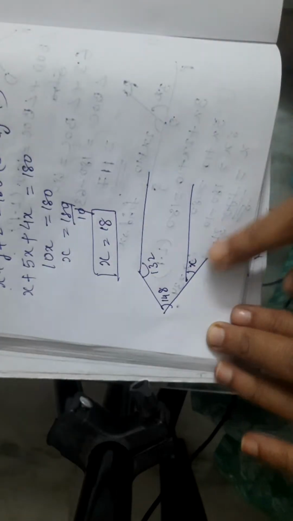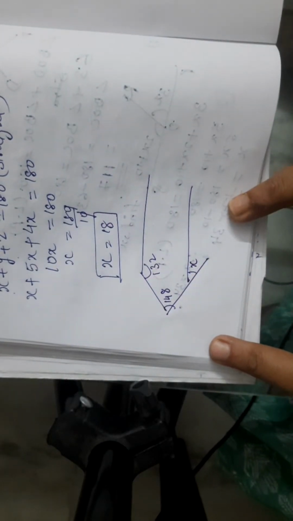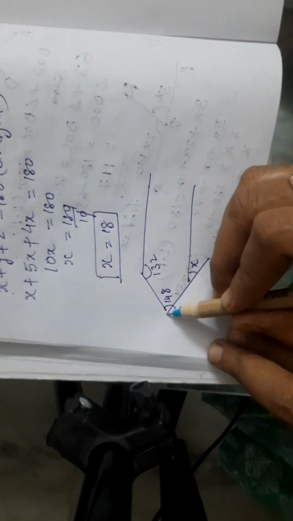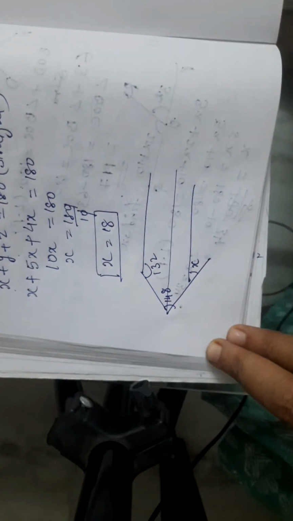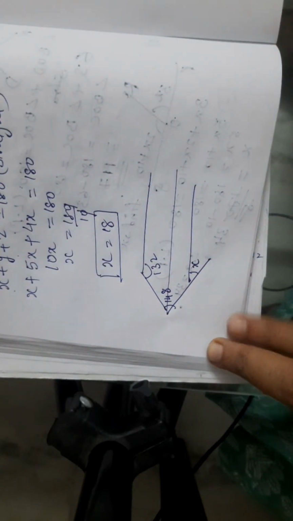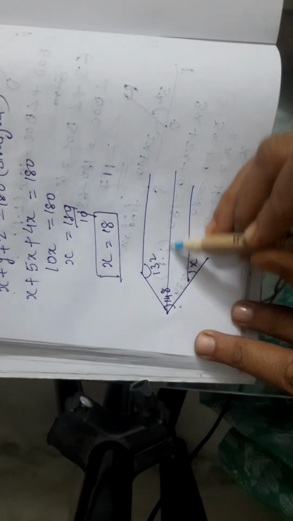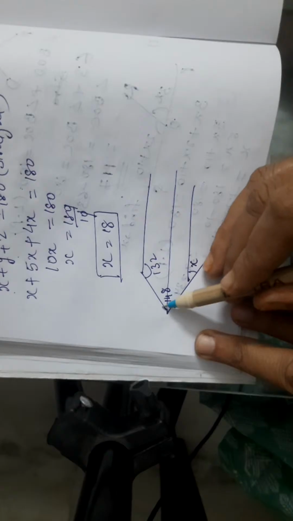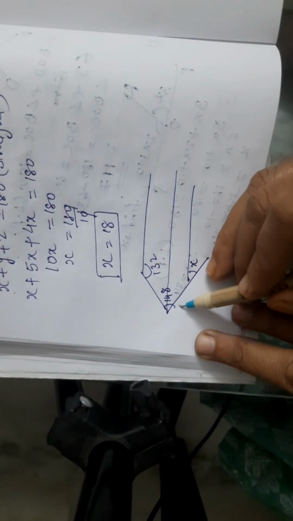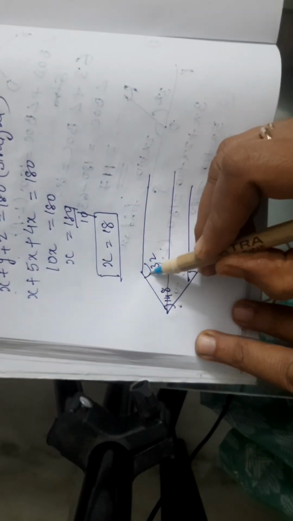So how to calculate this? Whenever you get such kind of questions, there will be a construction where you need to draw a straight line in between. It's not like the line will be dividing the angle in exactly two halves. Here it is 132.